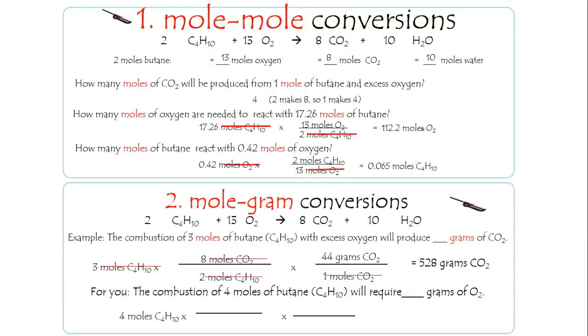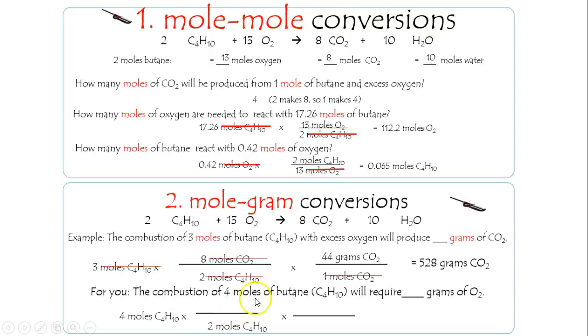Here's another. If you've got 4 moles of butane, and that's what we'll write down since it's what you're given, how many grams of oxygen should you react it with? Moles to grams, two-step conversion. I'd write equals blank grams of O2 right there, but we'll get there.